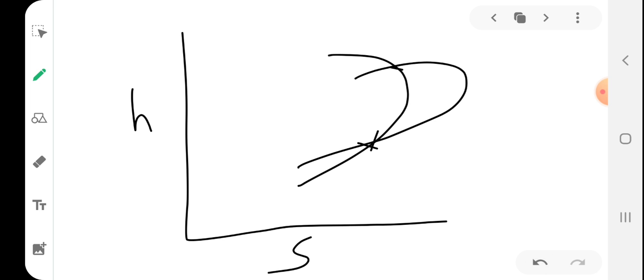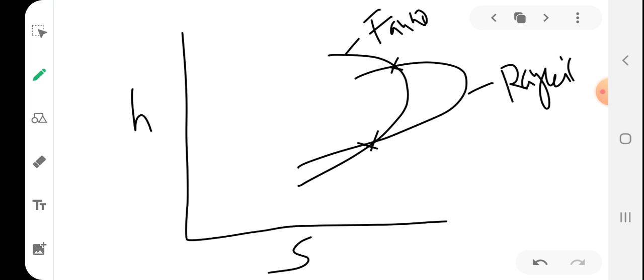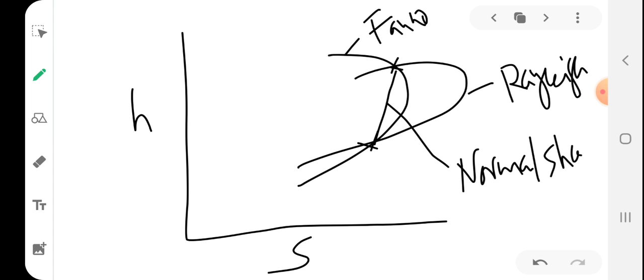The point of intersection of Rayleigh and Fano flow will be the normal shock. If this is Fano and this is Rayleigh, the line joining the points of intersection of Fano and Rayleigh will give you the normal shock line.